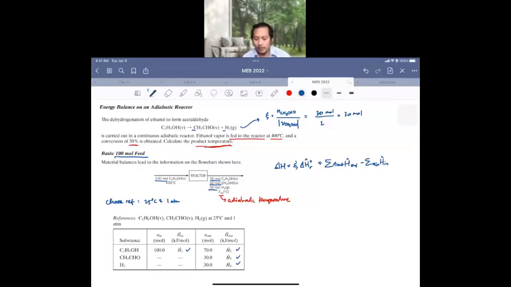This is supposed to be equal to 0 because of adiabatic, so the heat will be 0.